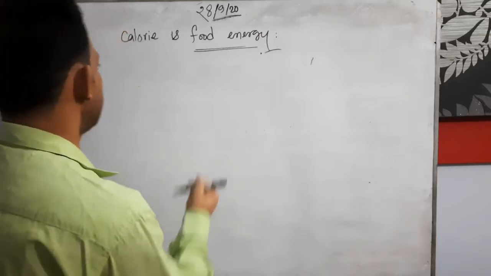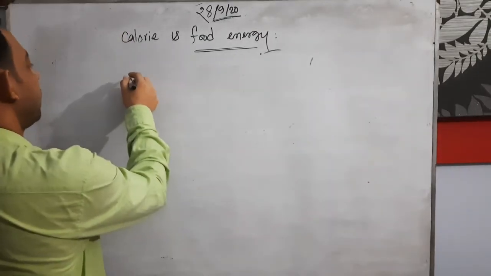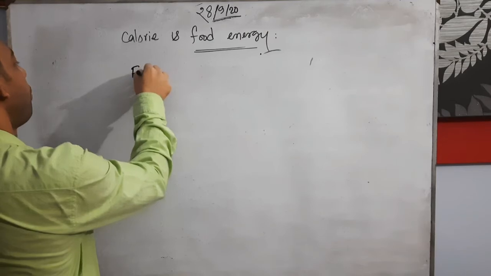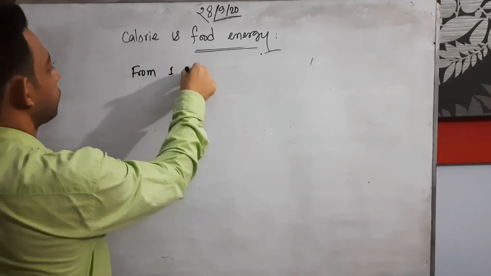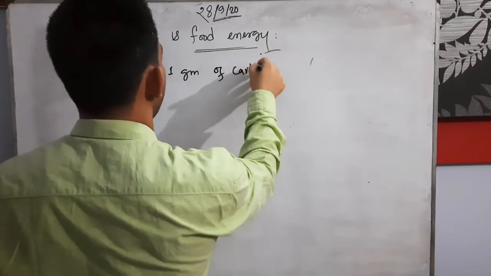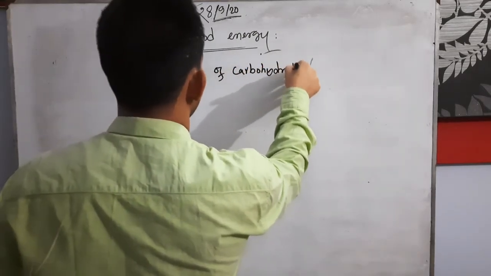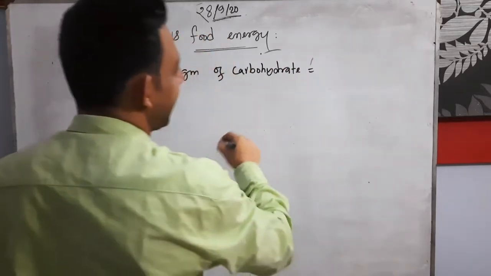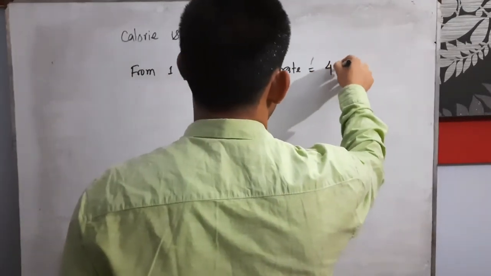One clue we will remember for doing our math: from 1 gram of carbohydrate, we will get 4 kilocalorie energy.